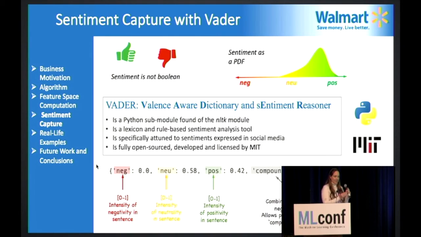You would get these three flavors, negative, neutral, positive, and these would be numbers between 0 and 1, and they translate the intensity of the different flavors of sentiment. Then you have this fourth number, compound, which translates the proportion between neutrality, negativity and positivity. So the closer it is to -1, the more negative it is, and the closer to 1, the more positive the sentiment in that sentence.